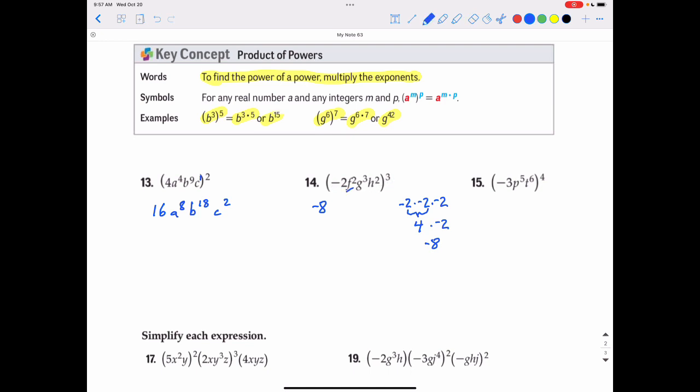And then f to the 2nd to the 3rd power. So this time we have an exponent of 2 there. So we are going to multiply the 2 and the 3 together because the 2 and the 3 are both sharing the f. So that would be f to the 6th. And then I got g to the 3rd, so 3 times 3 is 9, so g to the 9th. And then finally, h to the 2nd to the 3rd would be h to the 6th.